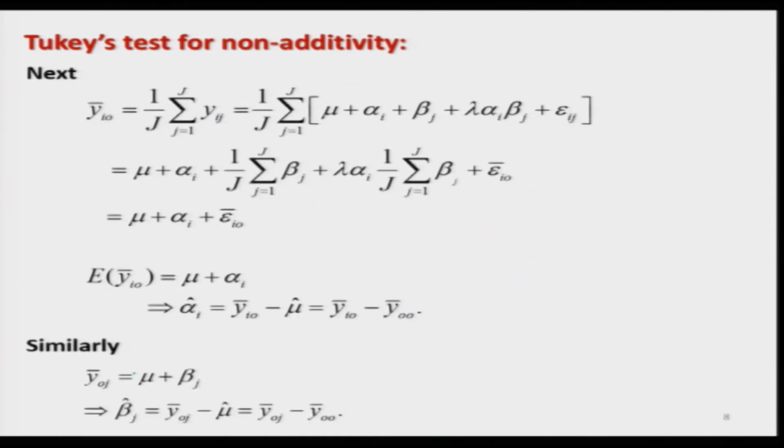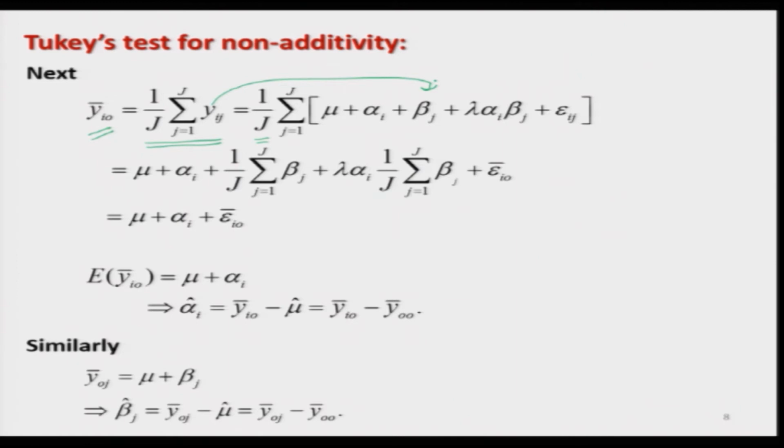Now, similarly, you try to do the similar exercise with y bar I naught and y bar naught j. When I consider y bar I naught, by definition this is 1 upon j, summation j goes from 1 to capital J, y I j, and now you write y I j as earlier.